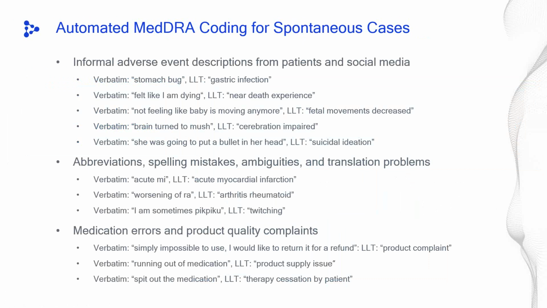I gave an example of that, the last one, "pick-piku". First we didn't know what pick-piku is. Then when we looked at the source language, we understood that it's specific to some European language, which translates to twitching, and there is a direct matching to that. But then the system has to be smart enough to match that as well.